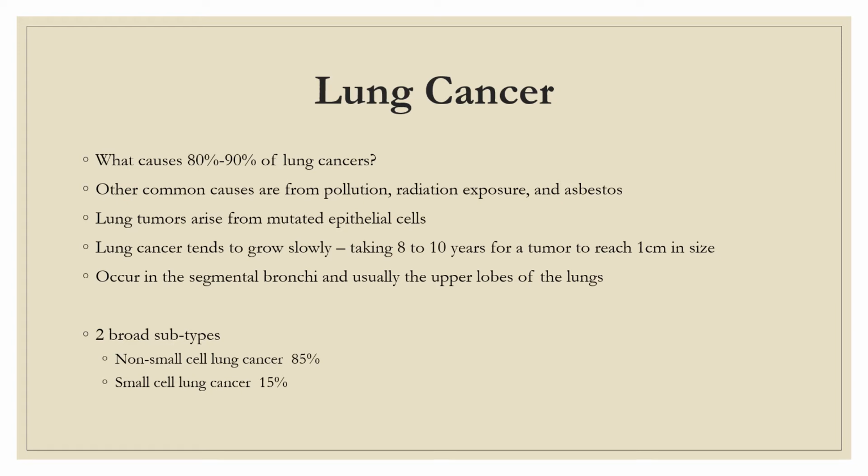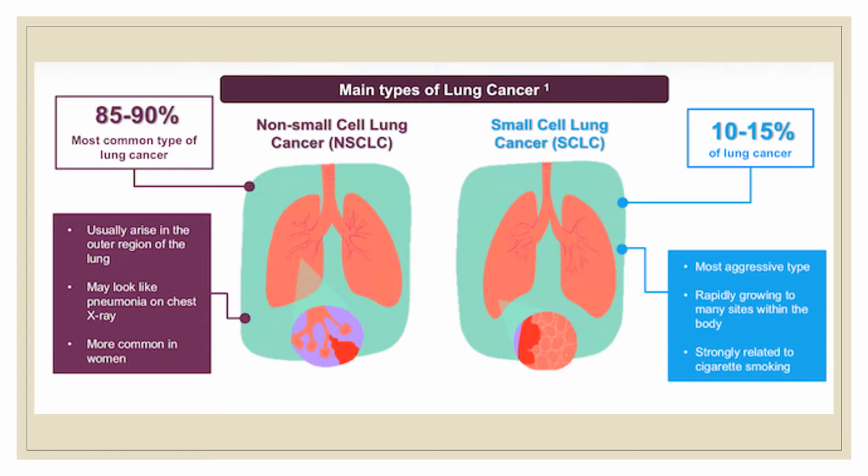So there are two subtypes of lung cancer. There's non-small cell lung cancer, which accounts for 85%, and then there's small cell lung cancer that is less common and accounts for 15%. This is just another slide showing the differences.